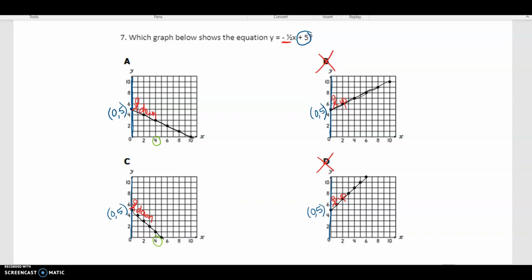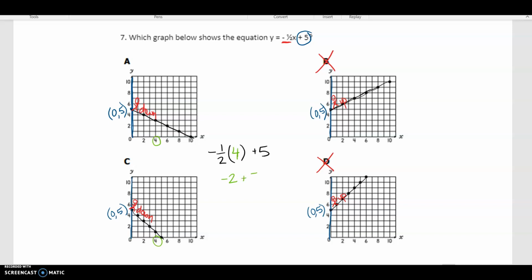So my equation here is -1/2 x plus 5. So instead of the x, I'm going to go ahead and write my x value, which is 4. So -1/2 times 4. Half of 4 is 2. And multiplying a positive by a negative is going to be a negative.